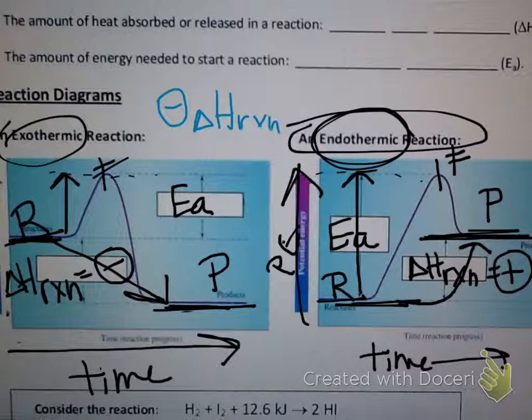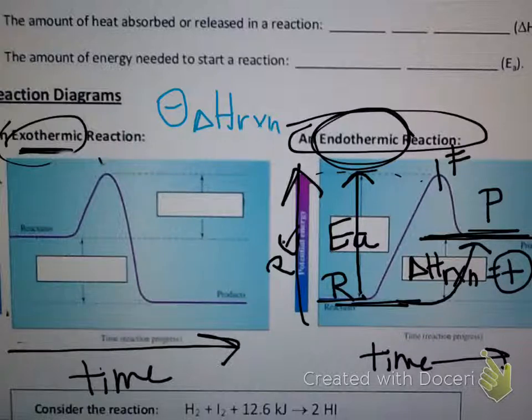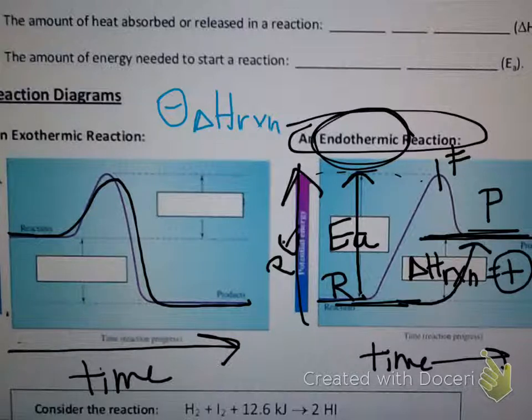Okay? So there's two types of energy curves. Basically, these are the two energy curves I could give you. An exothermic one or an endothermic one. We always say that exothermic reaction diagrams, by the way, go downhill. So we go from one energy to a higher energy to a lower energy. Exothermic reaction diagrams will eventually go downhill.